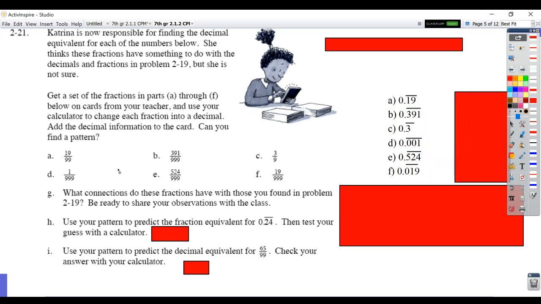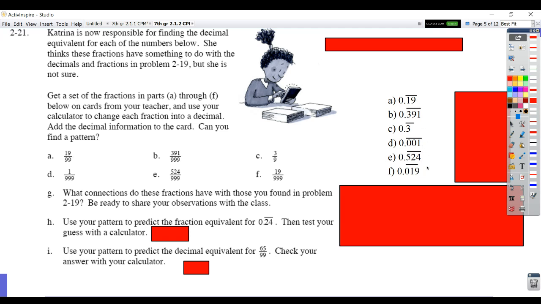So 19/99 is 0.19 repeating. 391/999 is 0.391 repeating. 3/9 is 0.3 repeating. 1/999 is 0.001 repeating. If you look at these, which you could find by putting them in your calculator, numerator divided by denominator, you see that there is a pattern here.